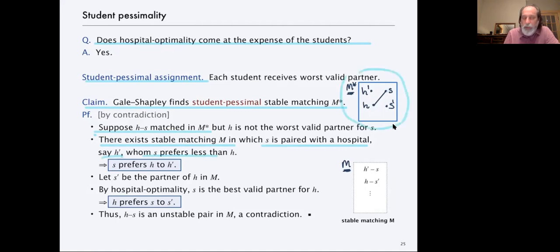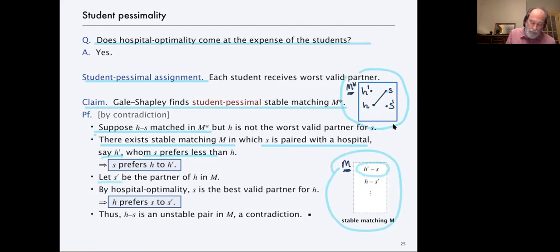We have H and S matched, but H is not S's worst valid partner, right? So we know there's some other stable matching in which S and H are not matched, and in particular S is matched with some H prime that they like less than H.